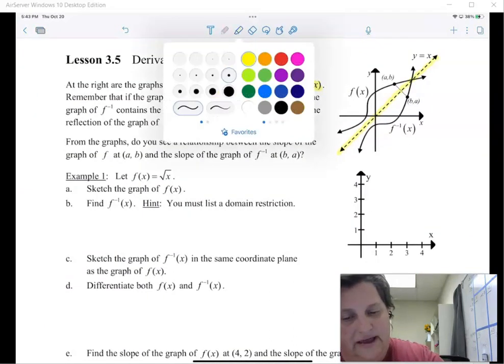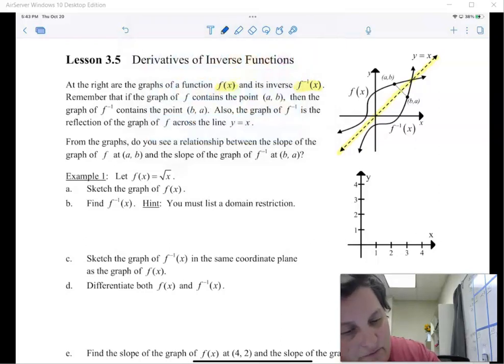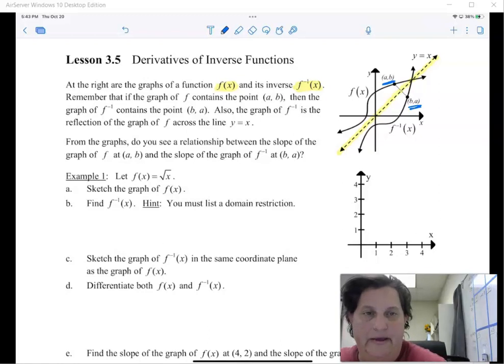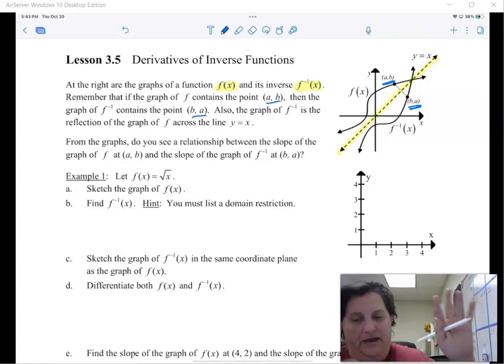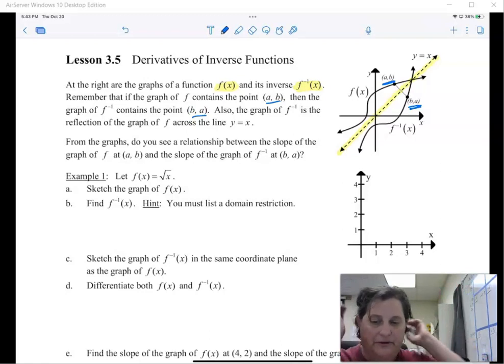And what happens is, any point that is over here, (a, b), the inverse point is over there, (b, a). It flips the points around. That's a really important concept for this, okay? So if one graph contains (a, b), the inverse contains (b, a), and so on. And it makes this cool thing.